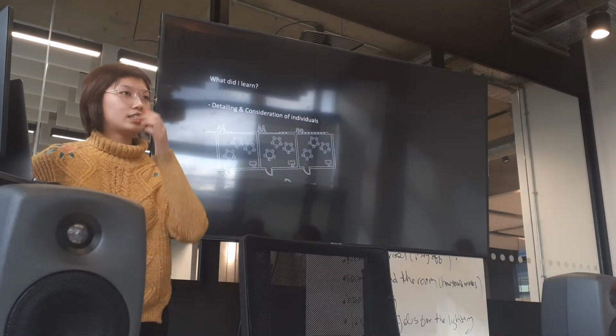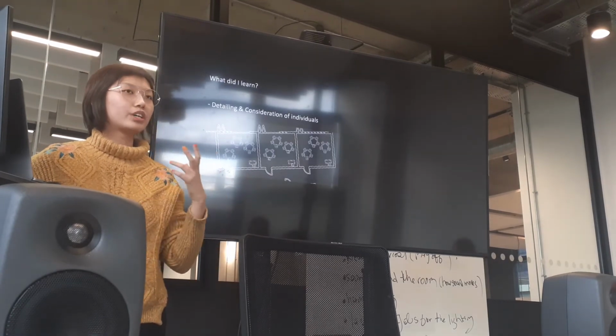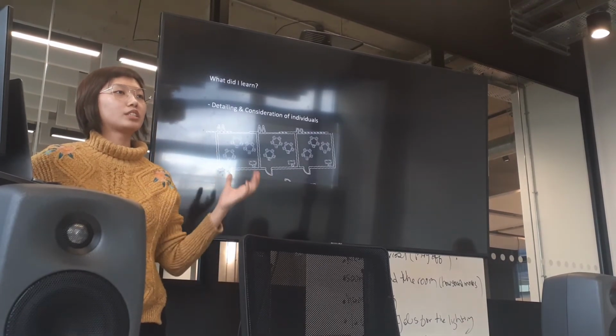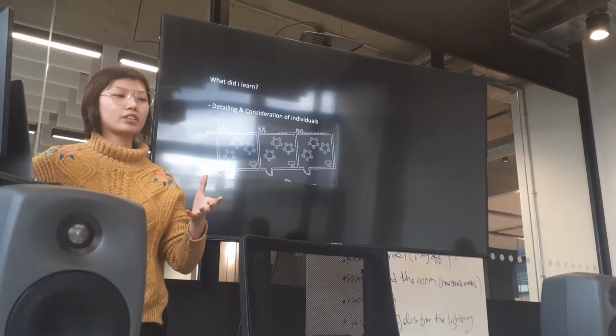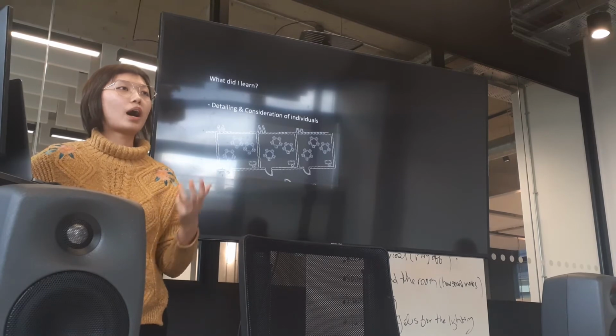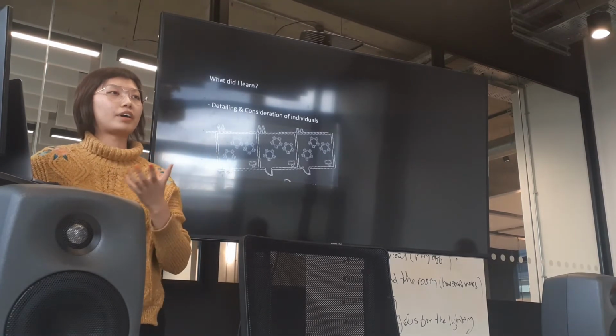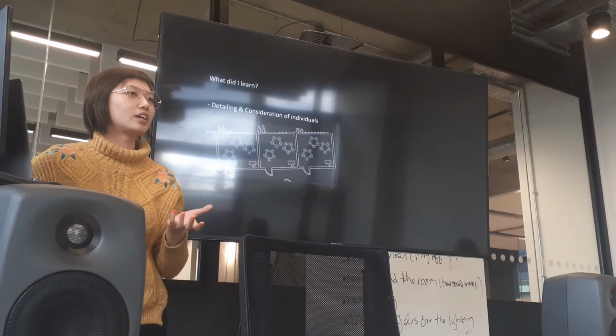I've actually seen some rendered pictures that are really great, really fabulous. But when it goes to construction, because of a lack of consideration of electricity, of pipes, these kinds of things, the final effect is not that satisfying.